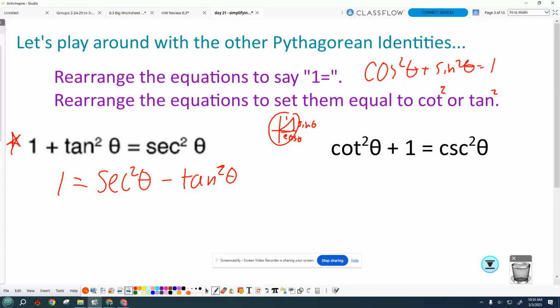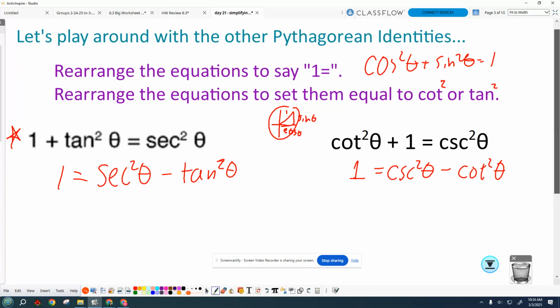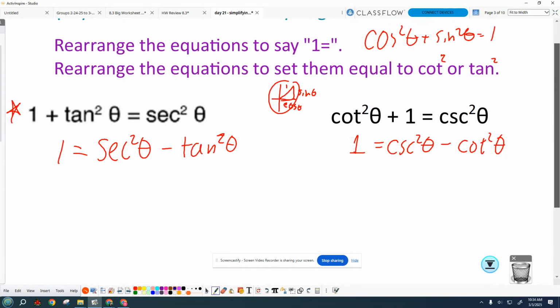So please remember they're all squares. Luca, what about this one? How do I get 1 all alone? Cosecant squared minus cotangent squared. All right, I just want to make sure that you guys know that they are squared, because there's one that's going to mess you up in a minute.